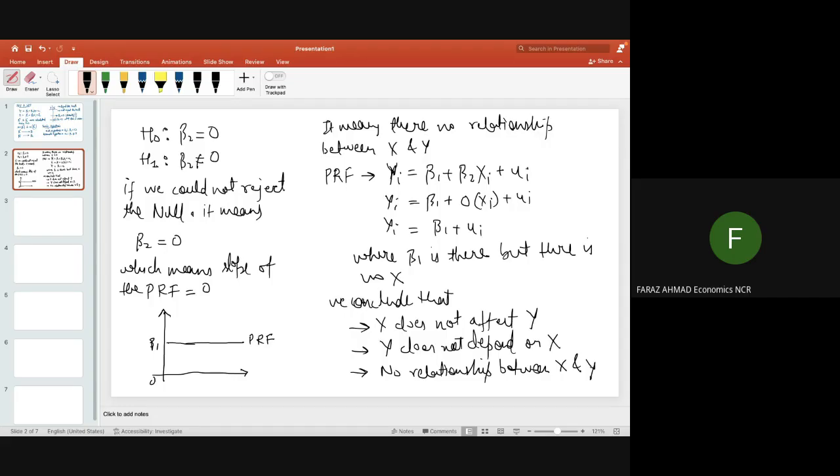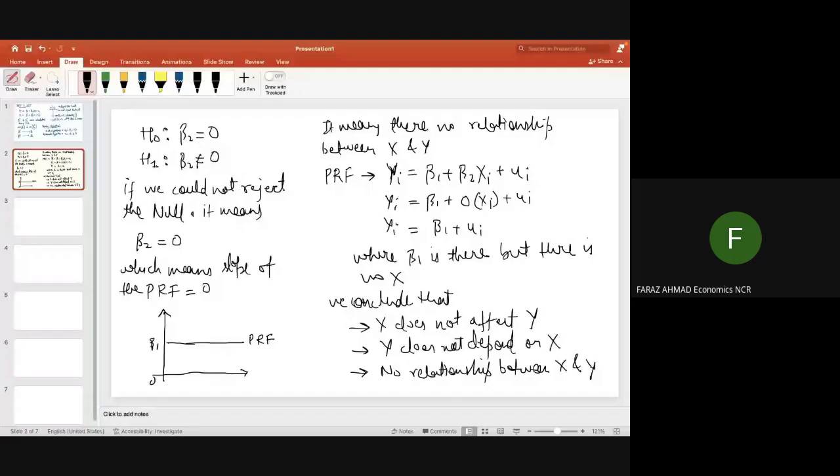If you would have known that there is no relationship between x and y, you would not have started doing this analysis and this whole regression, if you were sure about this. But because you were thinking, yes, there is a relationship, and you wanted to know how much is the relationship, what is the quantitative aspect of the relationship.